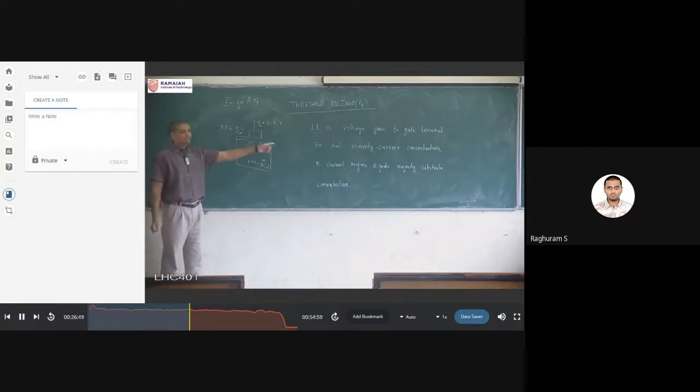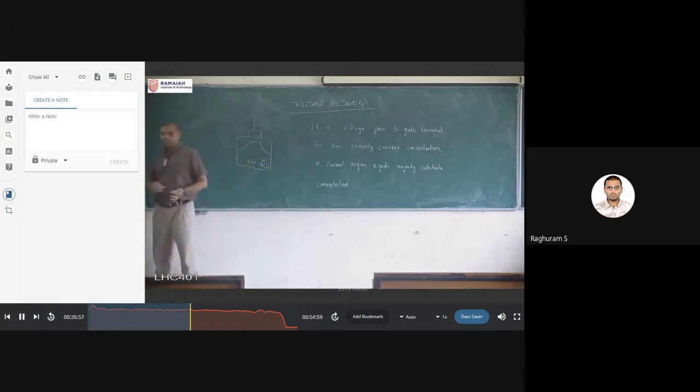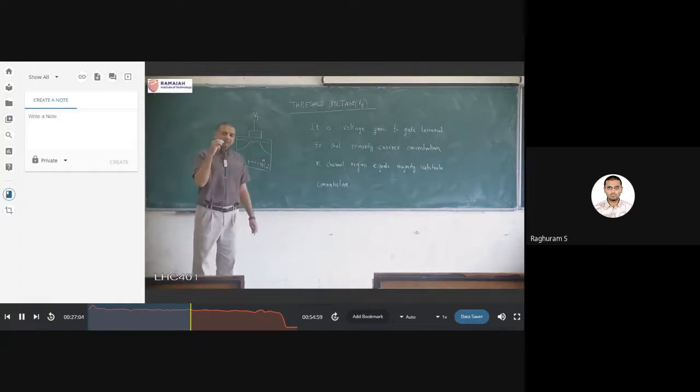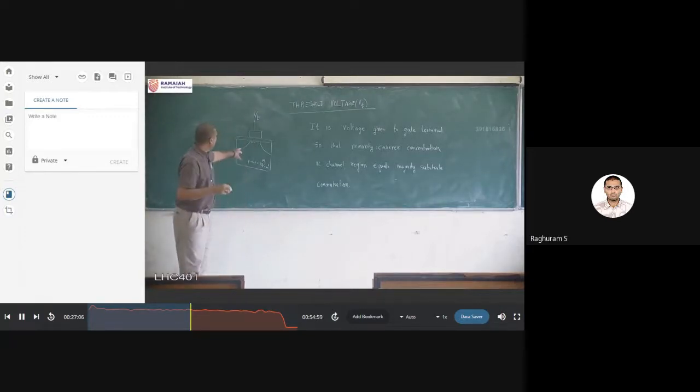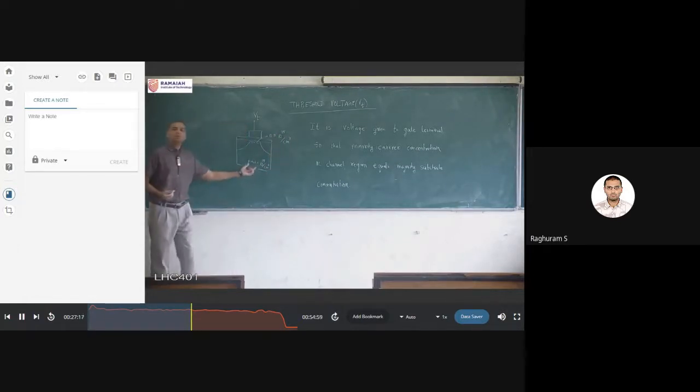Now this definition tells us that if I put Vt here, that is, I have put the threshold voltage value, then I am going to get in the channel region the same concentration of electrons, not of holes.